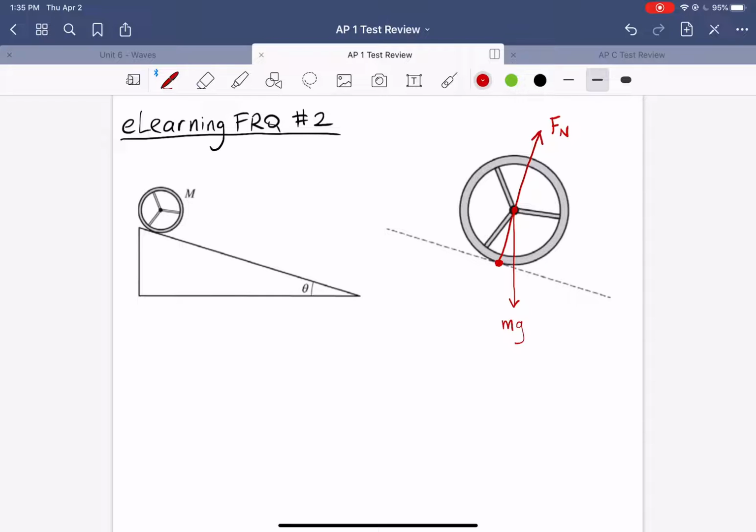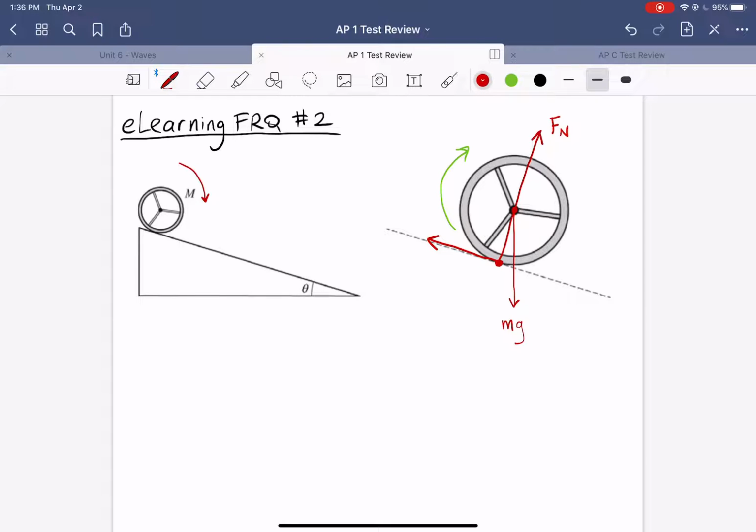As it rolls down the hill, it's going to start rotating in this direction. The rotation is caused by friction, which is creating a torque around the center of mass. So the friction has to point this way to cause a clockwise rotation in the wheel.